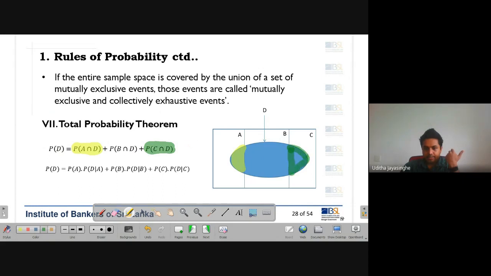C and D. And this other part, B intersection D. That is this middle portion. And we know, either you can keep it like this, or you can use one of these interesting theories which we learned last week.